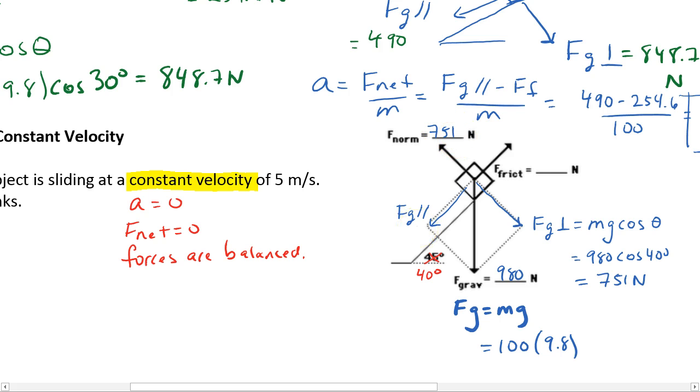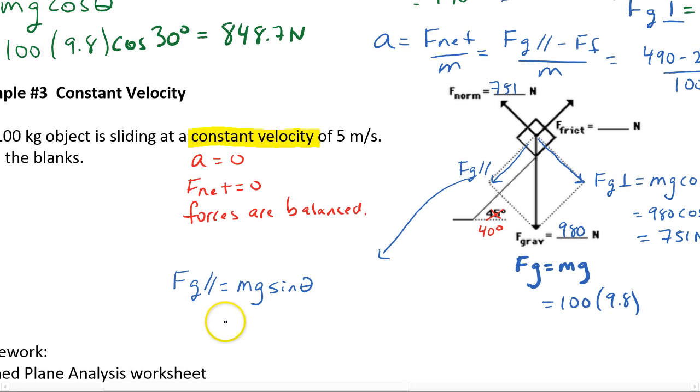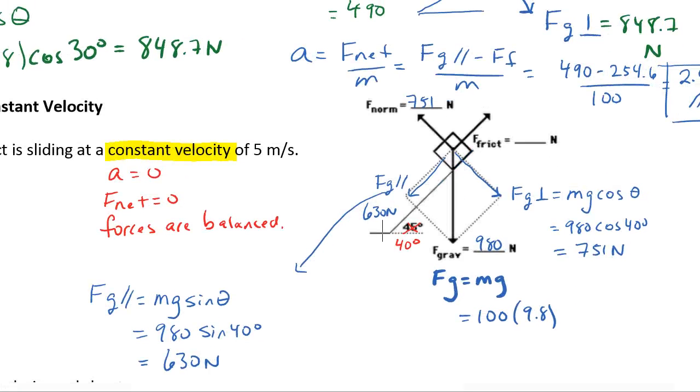Fg parallel is going to be equal to mg sine theta, which is equal to 980 multiplied by the sine of 40 degrees. And that is about 630 newtons. So I'll put in a 630 over here. And so that's what the force of friction is going to be, 630 newtons.